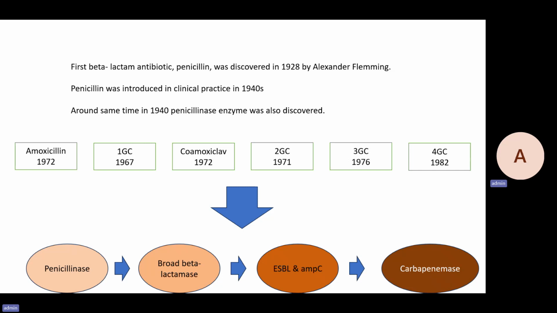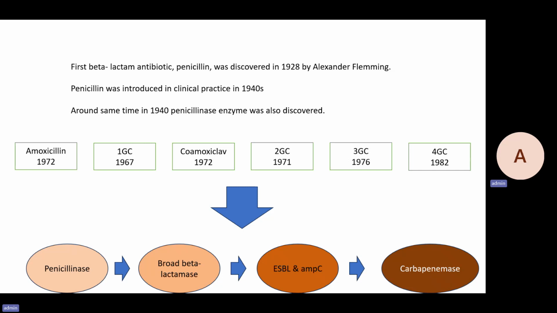But what happened because of this is we put antibiotic pressure on the bacteria. And bacteria, as they have to survive, started producing beta-lactamase with a broader and broader spectrum. So after penicillinase came broad-spectrum beta-lactamase, which were able to break down antibiotics like amoxicillin, or first generation or second generation cephalosporin.